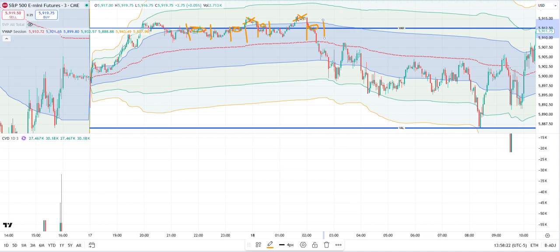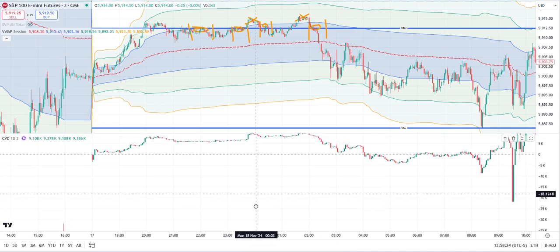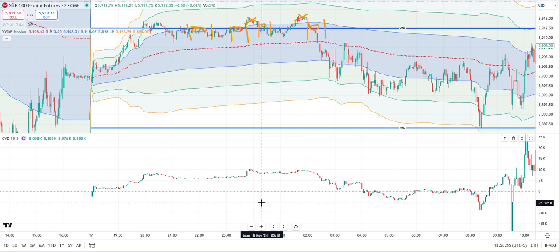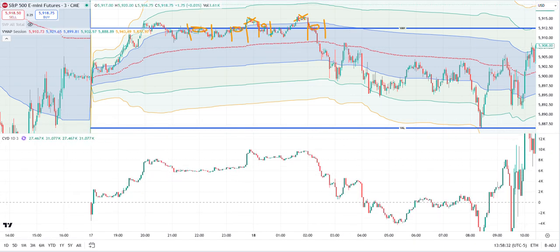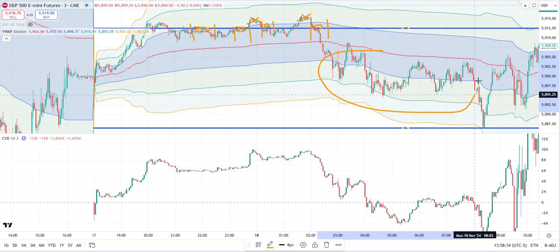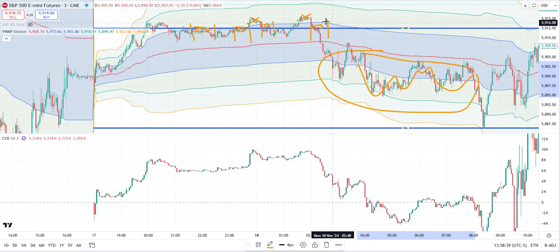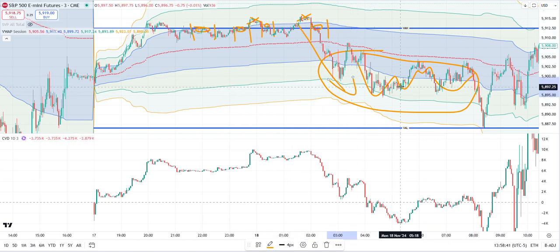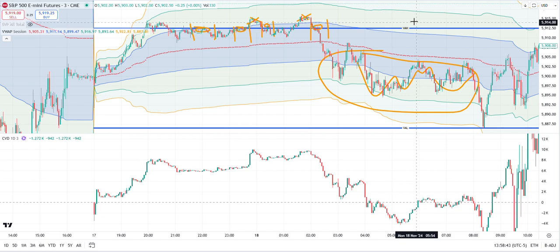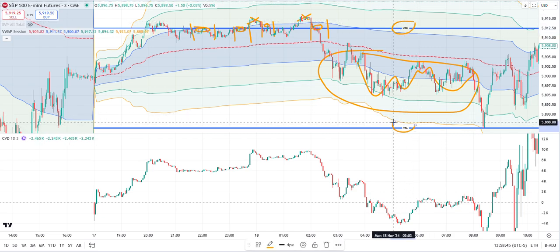And you can see I'm trying to avoid these areas where it chops around a lot more, and here there's really big movement in one direction from value areas.